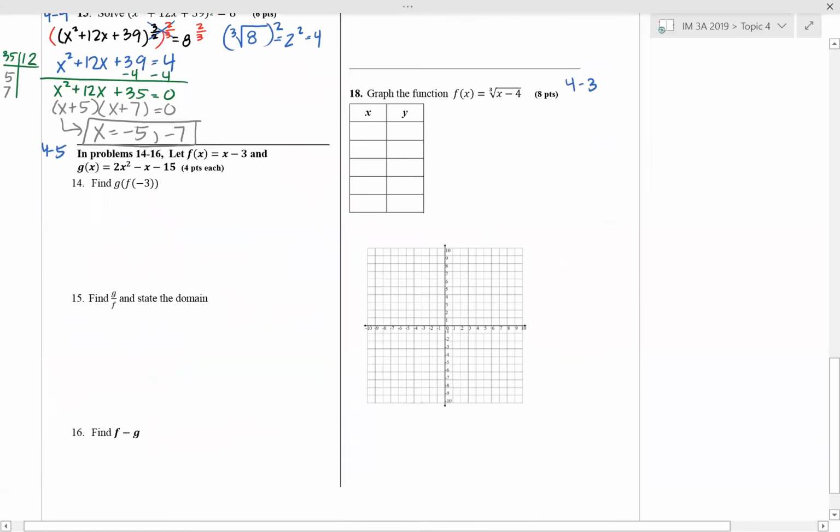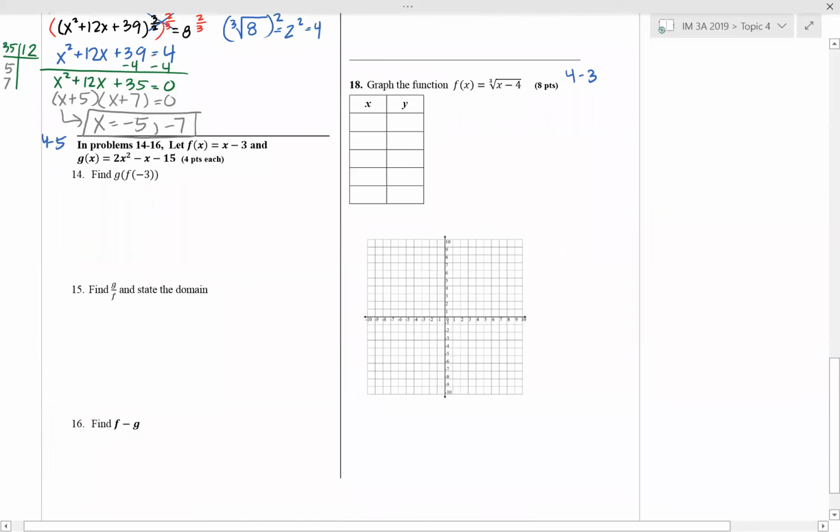Okay, so then for problems 14 through 16, we're using the same two functions and we're doing different operations. So for 14, they're asking us to find g of f of -3. So remember, this is where we work backwards. So we're gonna plug -3 into f to start. So we're gonna start with f of -3.